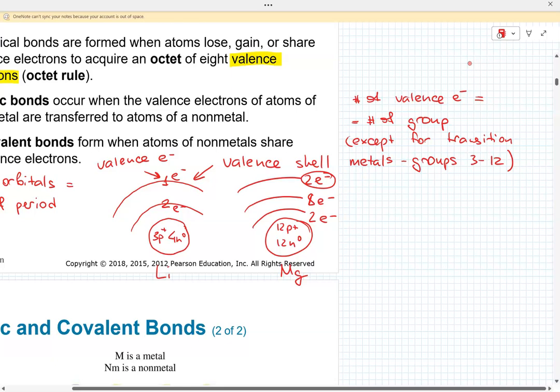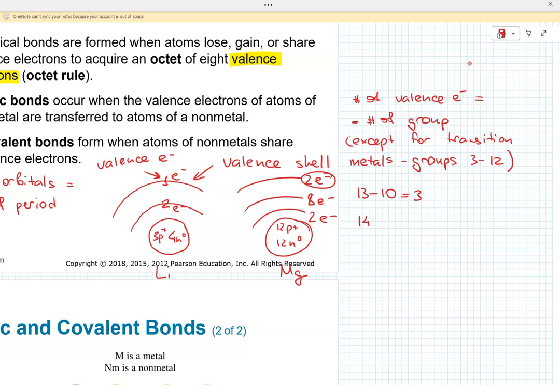How many valence electrons do all those guys have? It's not 13. What do you need to do? 13 minus 10, 3. What about the 14th group? How many? 14 minus 10, 4. Does that make sense?